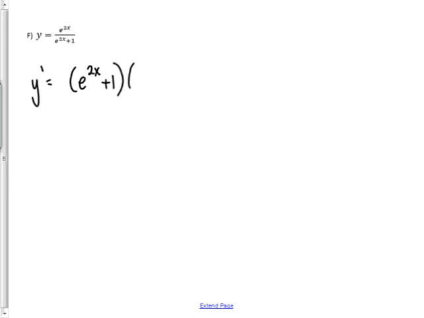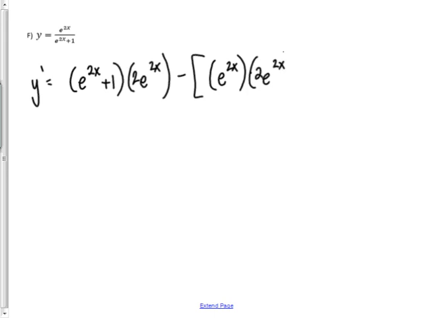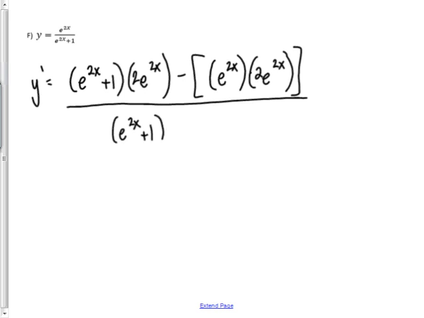So low d high: the derivative of the top would be copy it down times the derivative of the exponent, minus high, which is e to the 2x, d low, so the derivative of the bottom. The derivative of e to the 2x is e to the 2x times 2, and the derivative of 1 is 0, so nothing there, over the low squared.